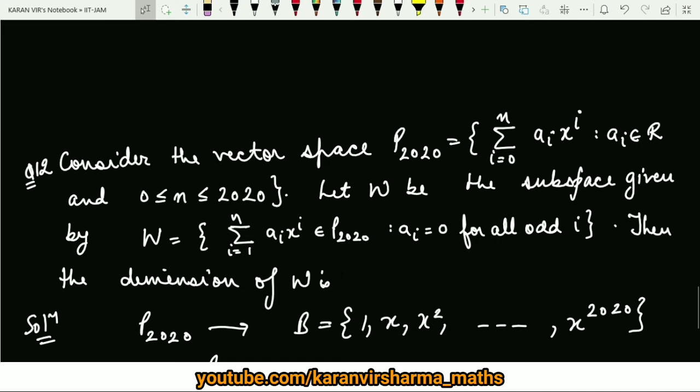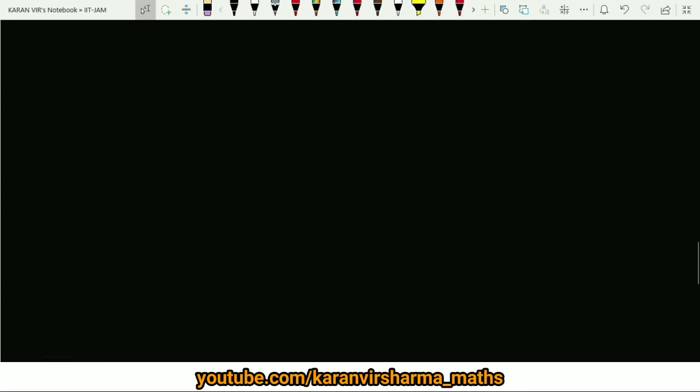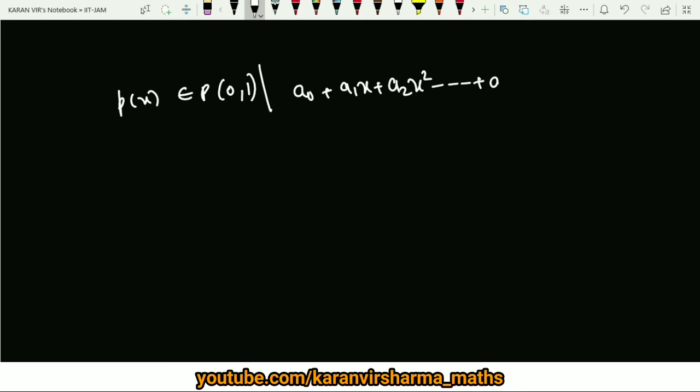So before starting this, let us recall the concept of dimension in case of polynomials. We know that P_n is a class of polynomials. If we define p(x) belonging to P_n, this contains all the polynomials of the form a0 plus a1 x plus a2 x squared and so on up to a_n x^n, where all a_i's belong to the reals.